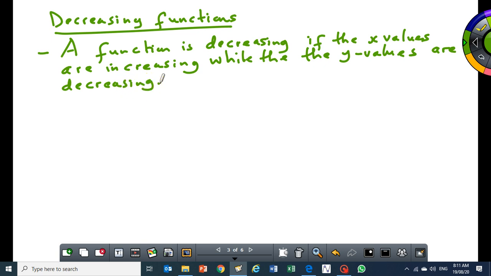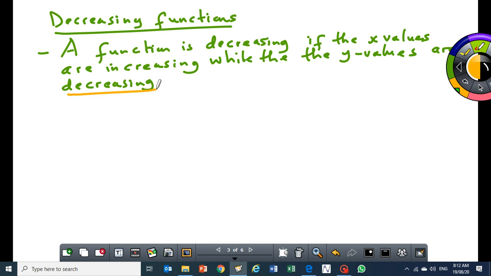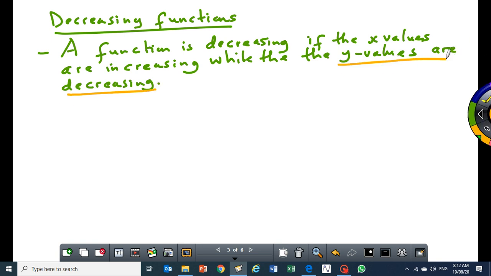Remember what I said earlier? The x values will always be increasing because they are the input values. So it is the output which determines whether the graph of the function is increasing or not. The y values determine whether the function is increasing or not. So if the y values are decreasing, then you must know that my function is a decreasing function.